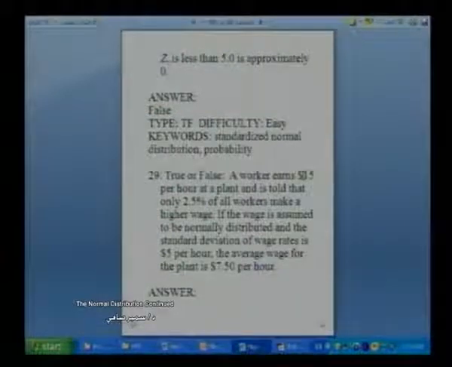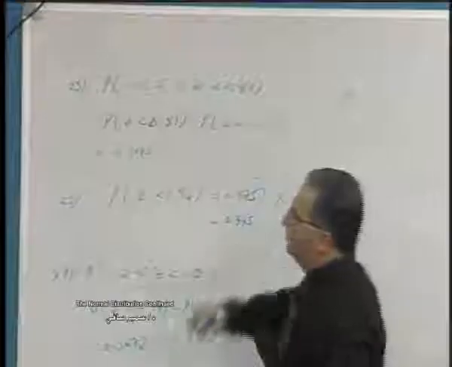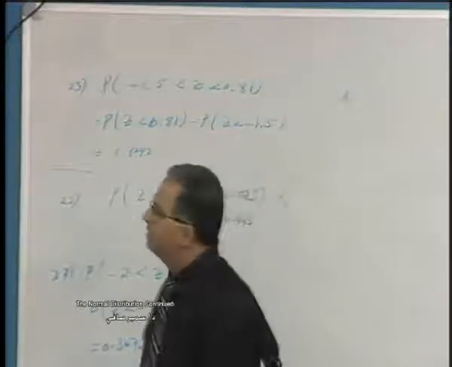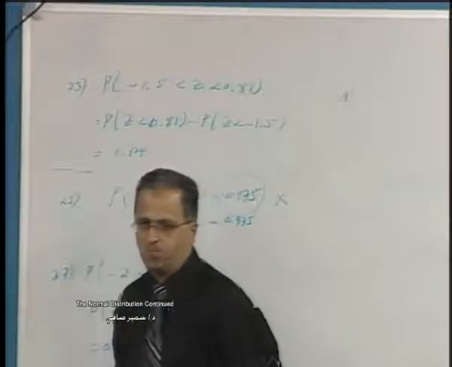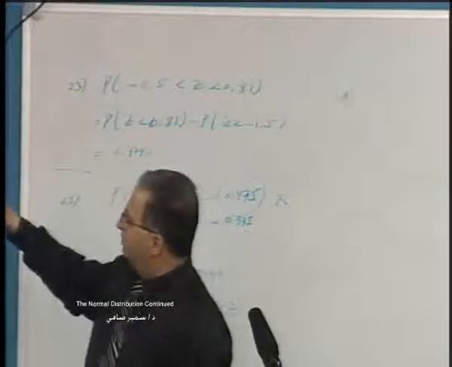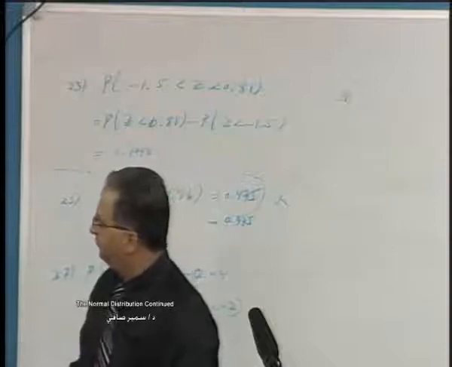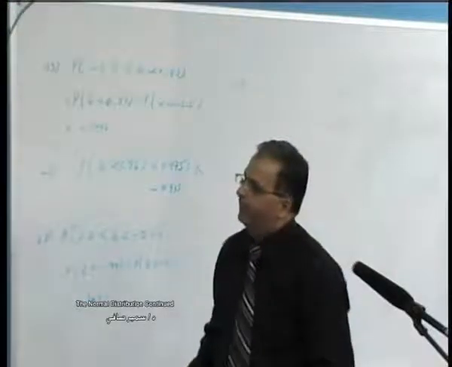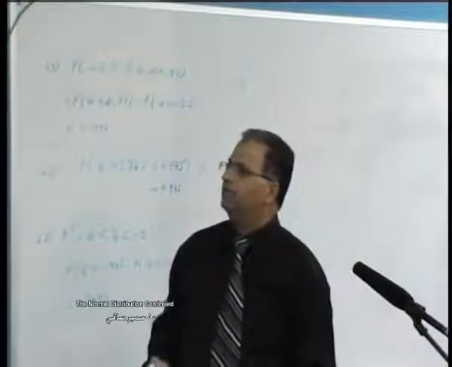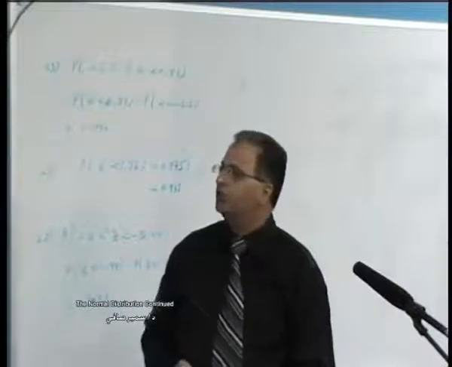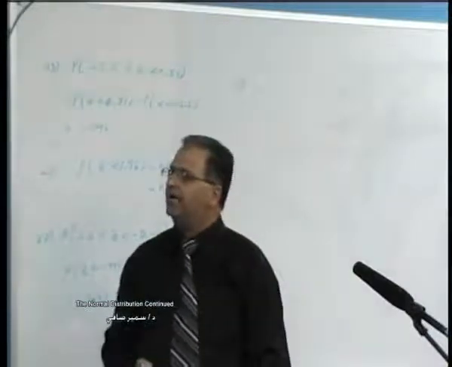Look at 29, the odd number. 29 says that a worker earned $15 per hour at a plant and is told that only 2.5% of all workers make a higher wage.